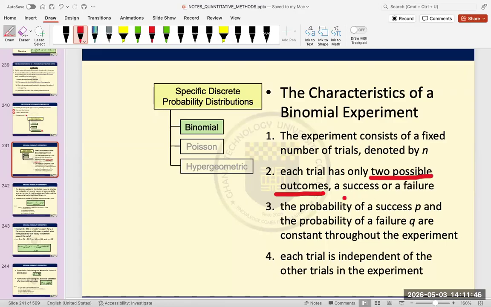That is the outcome of a success or the outcome of a failure. So normally what is done in literature is that the probability of success is always represented by the lowercase p, as you see here. And then the probability of failure is also represented by the lowercase q.